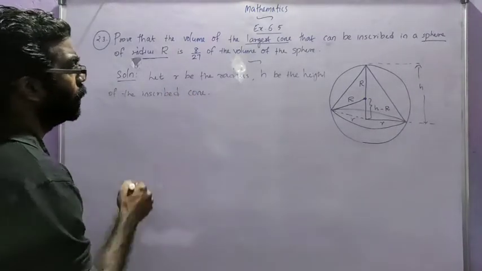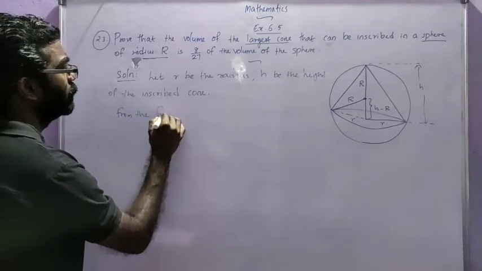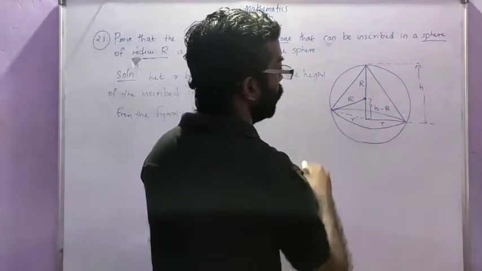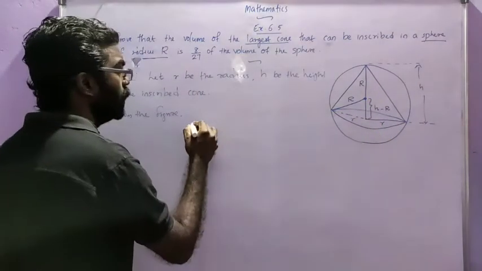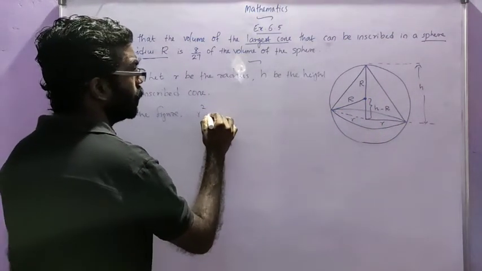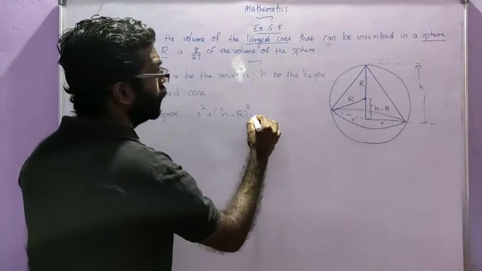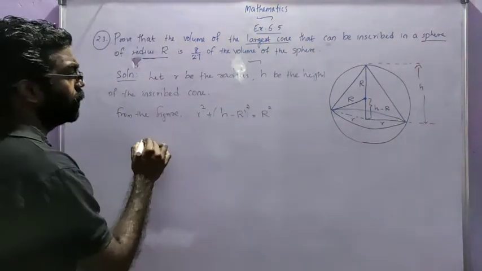Now from the figure, in this triangle we can apply Pythagoras theorem. Base square plus altitude square, that is r square plus (h minus R) the whole square equal to capital R square. Now we can expand this one.